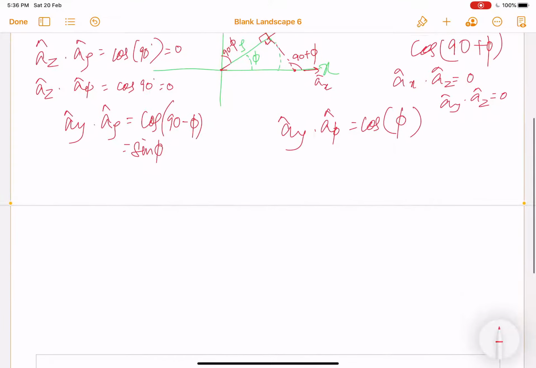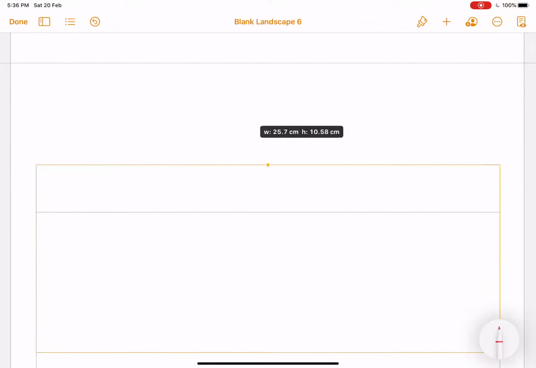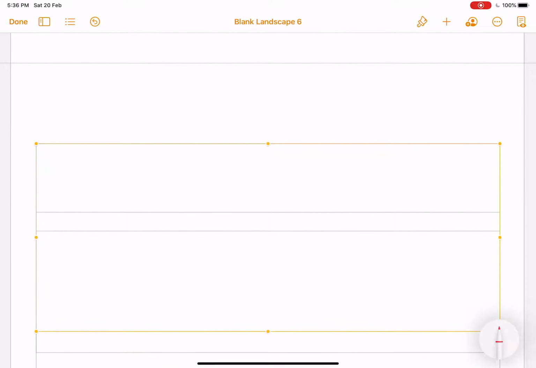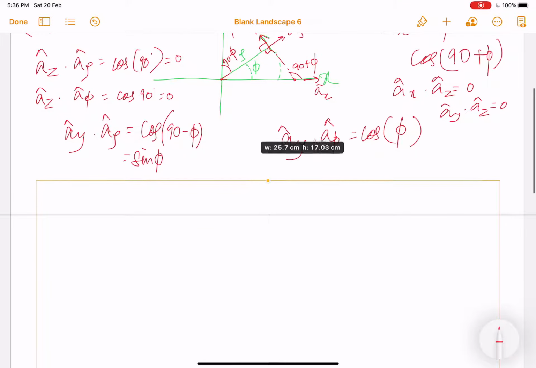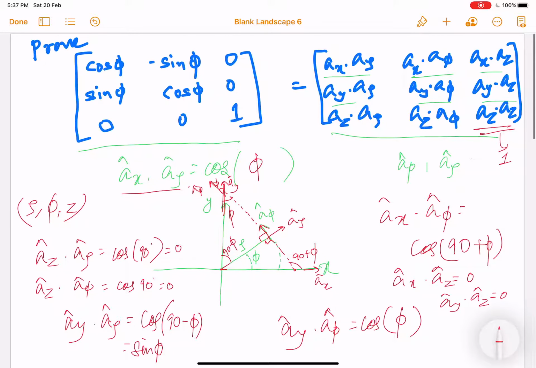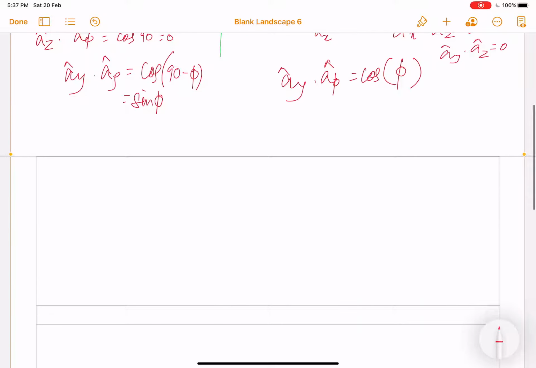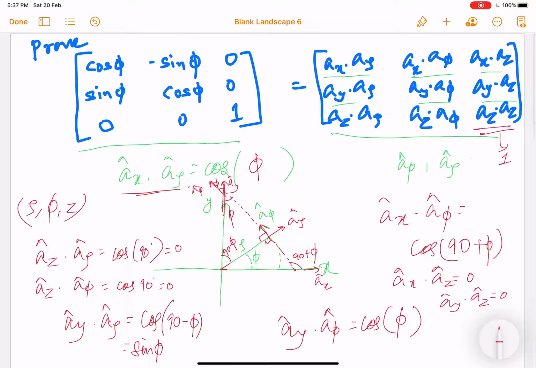Let me see what I can write over here. This is ax dot a rho, so ax dot a rho is cos phi. I'll write cos phi first. Then next is ax dot a phi.